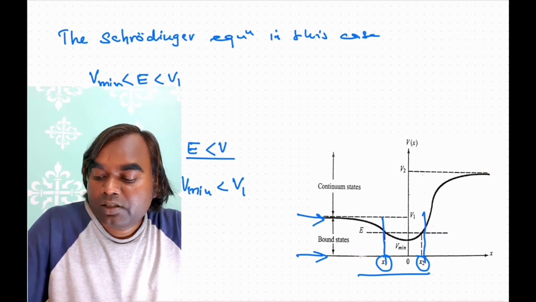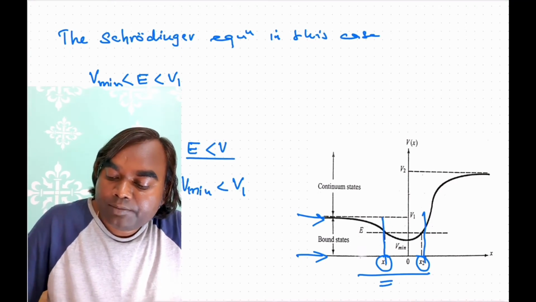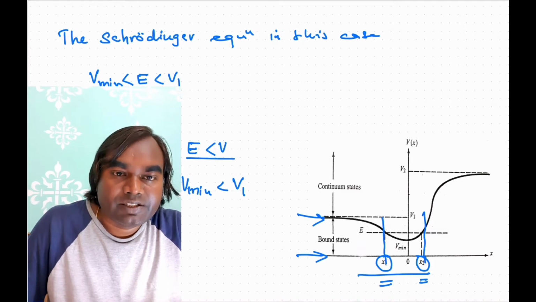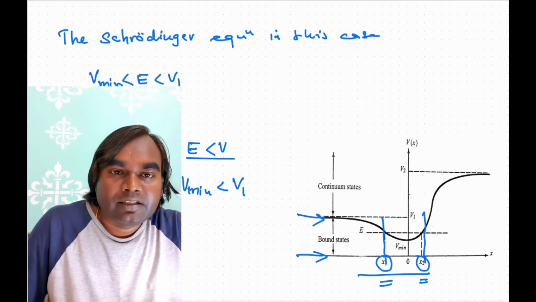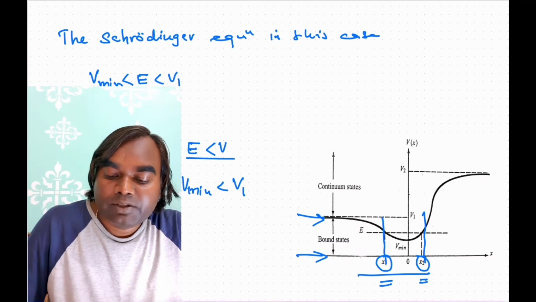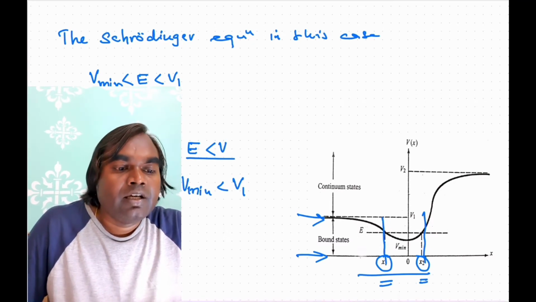There are two boundary conditions, at x1 and at x2, and another condition which may be used is the normalization condition. With the help of these conditions we can find the solution for the particle in this bound state using the Schrödinger equation.